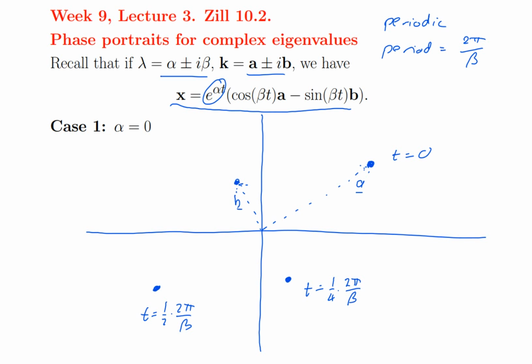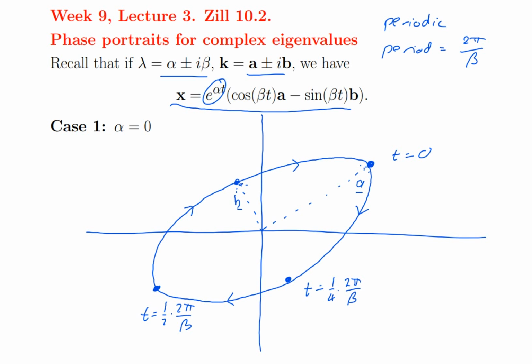Drawing those all up, the solution is going to trace out an ellipse. Put a few more little arrows on it. And once I've gone all the way around, I'm back where I started, and then it will go around and around forever. So I have drawn the parametric form of one of these equations, and the precise ellipse that you get will depend on a and b. They will be the semi-major axes of that ellipse.